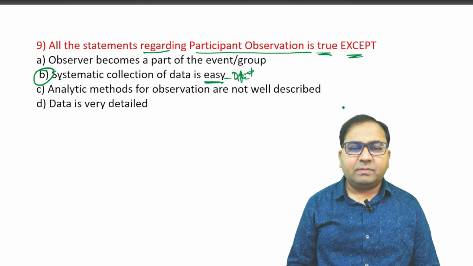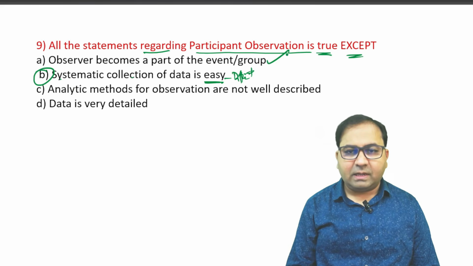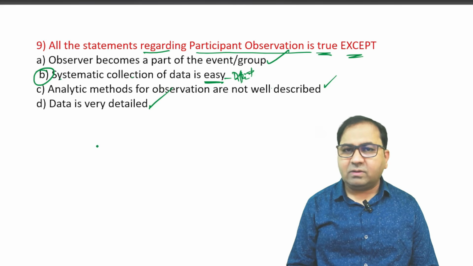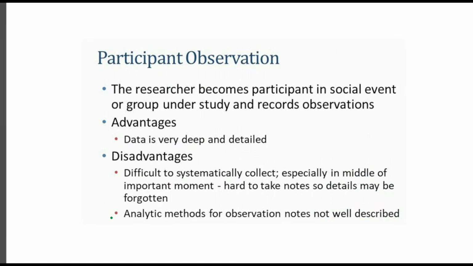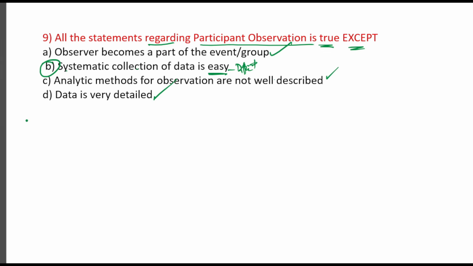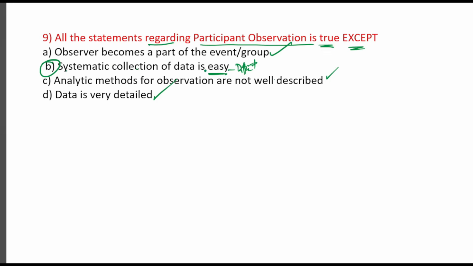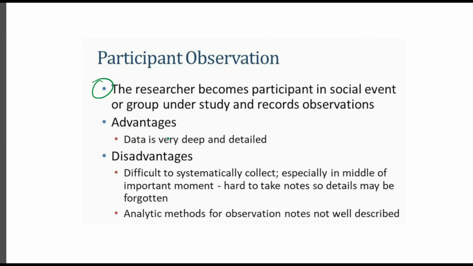The other options, that is observer becomes a part of the event or the group, is correct. Analytical methods for observation are not well described is also correct. Data is very detailed is also a correct statement. See the information given in this chart. The first option, observer will become a part. The second option, systematic data collection was easy, they said, but we say that it is difficult to systematically collect the data.